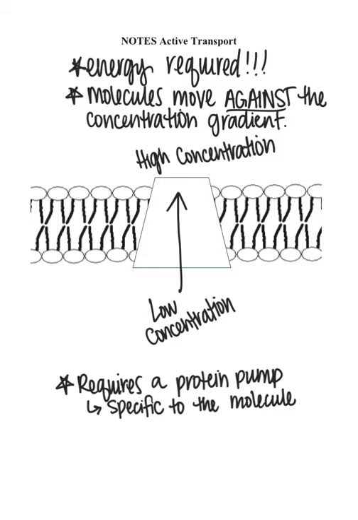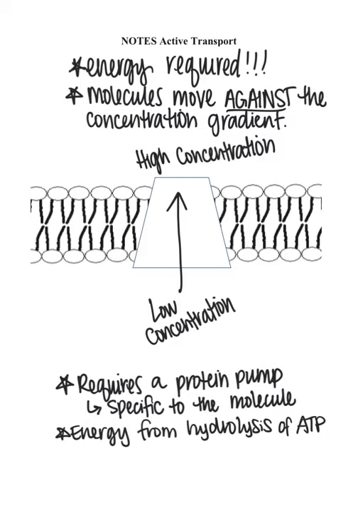And this protein pump is specific to the molecule that it can move through the membrane. Now, the energy that's used to pump these molecules against the concentration gradient is in the form of ATP, or adenosine triphosphate. This ATP is going to be hydrolyzed when that last phosphate group is broken off.